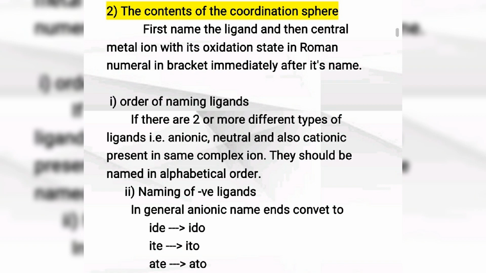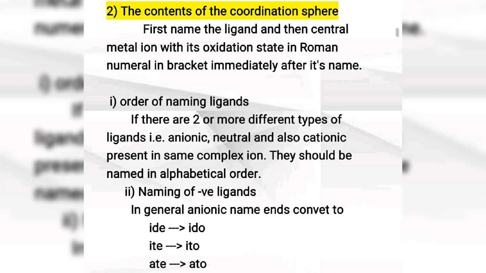If there are two or more different types of ligands, that is negative anionic, neutral or positive cationic ligands in the same ion, they should be written in alphabetical order.